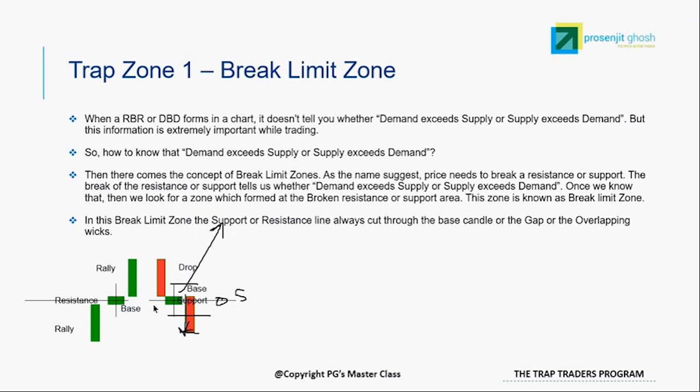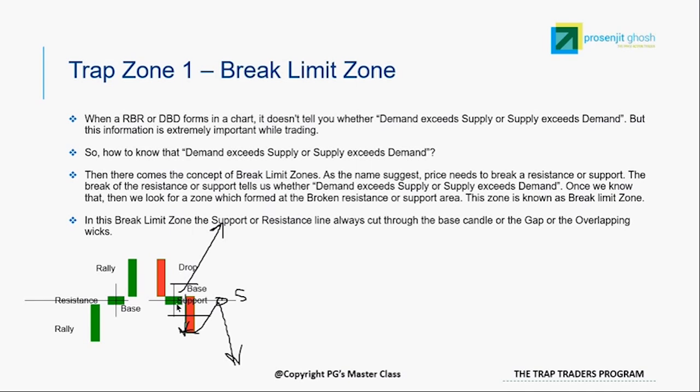And this is the most important mantra of price action: you need to understand where demand exceeds supply and where supply exceeds demand. This break of the support line, with price creating a base and drop at that place, tells us there is more supply than demand, and we should go short once price comes up to this place.